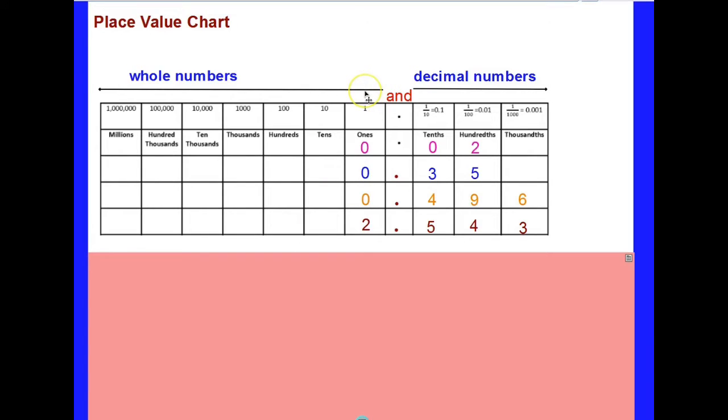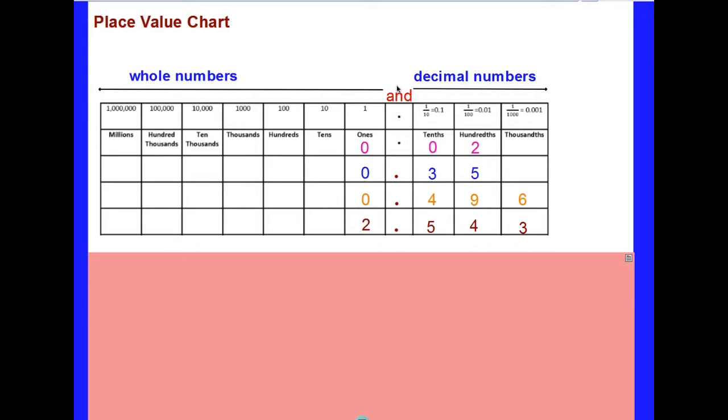As I'm going to the right of my decimal, so here's my decimal, I'm going to see decimal numbers. As I go to the left of the decimal, I'm going to see whole numbers. This decimal is read as the word "and" when we're reading decimals.